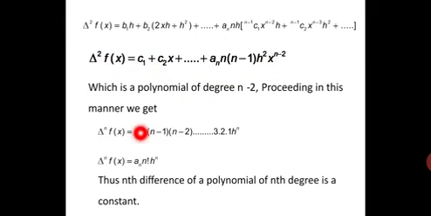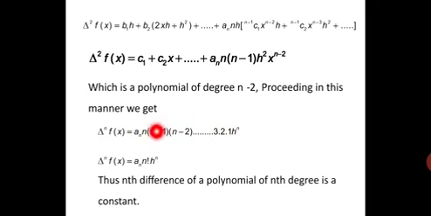But as we proceed, the nth difference, delta to the power of n of f of x, will be an into n into n minus 1, n minus 2, n minus 3, n minus 4, and it goes on up to 3, 2, 1, and h to the power of n.